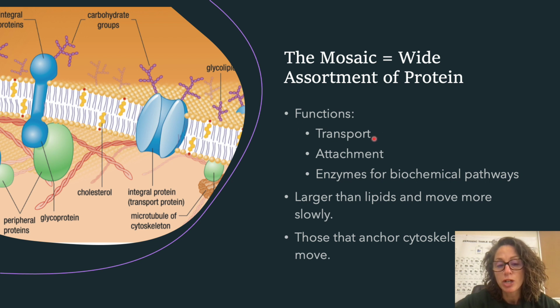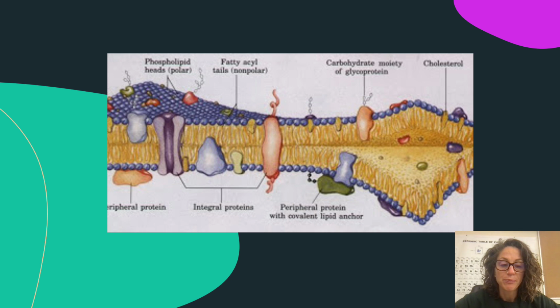We have transport into or out of the cell of nutrients or waste products, attachment of the cytoskeleton inside or attachment to other cells on the outside, and even enzymes for biochemical pathways found within the lipid bilayer. They are larger than lipids, and they move more slowly within the lipid bilayer. Those that anchor the cytoskeleton won't actually move, and we'll talk more about that in a bit.